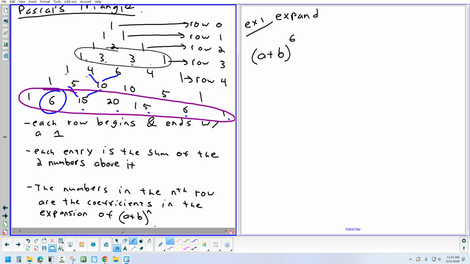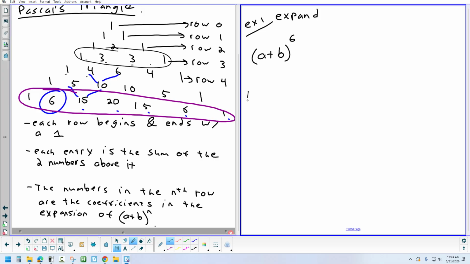Emma, what's my first coefficient in row 6 of Pascal's triangle? 1. Okay, 1 is the first number in every row of Pascal's triangle. So we're always going to start with a 1. And now, keeping in mind the patterns, we're going to start with the a variable and put the power, the b variable, put the power, and then go to the next term.